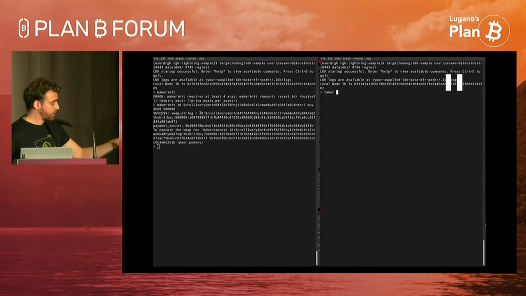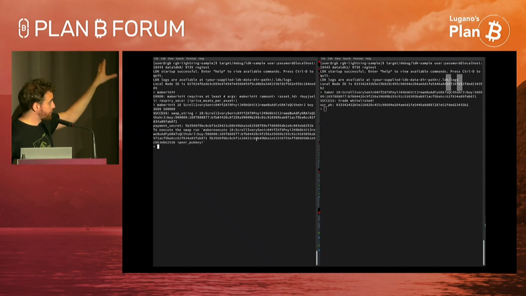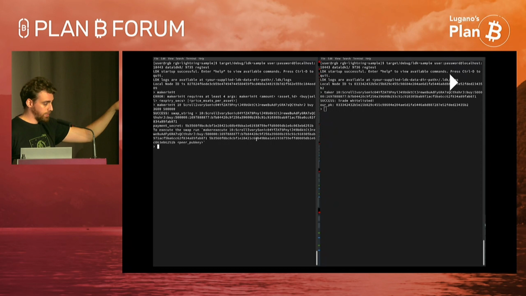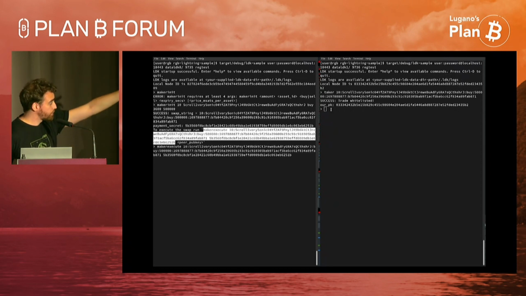So now the output of this command is a string that you can pass to the taker. So on the left we have the maker, on the right we have the taker. So now the taker has imported the string into his own node, and he made this whitelisting of the trade.